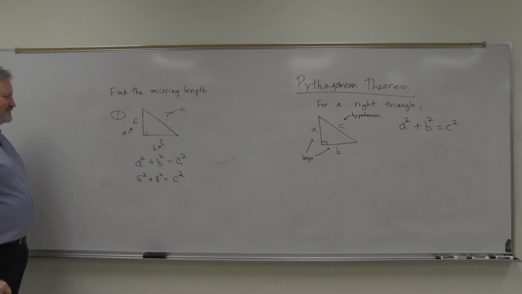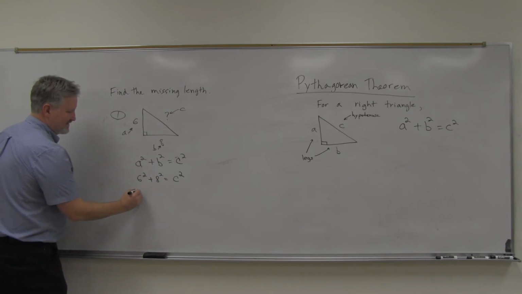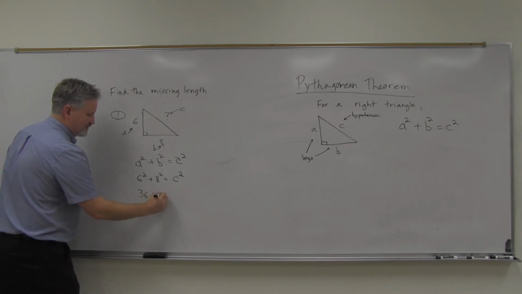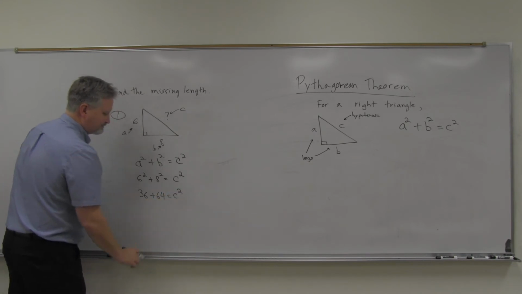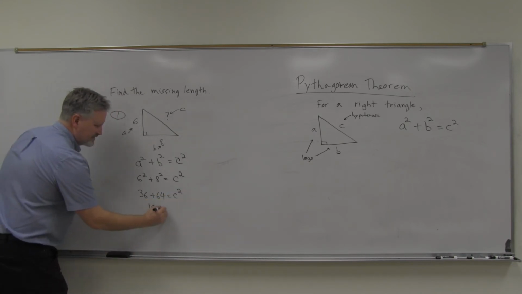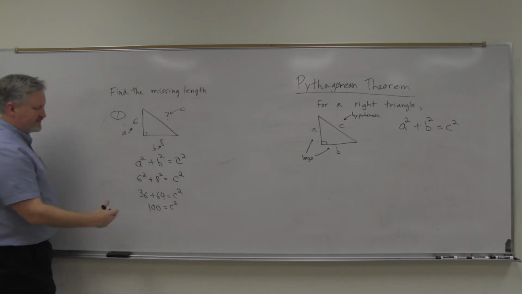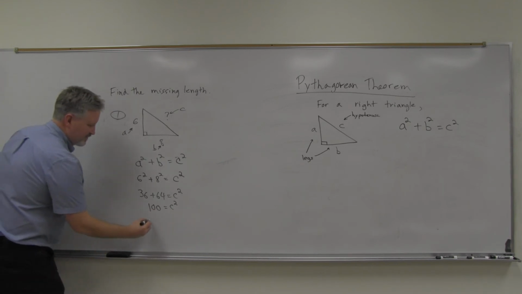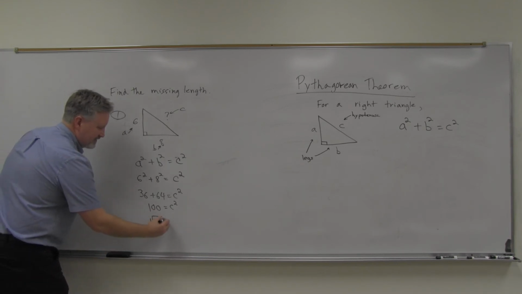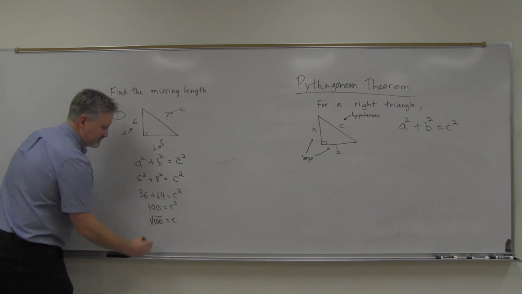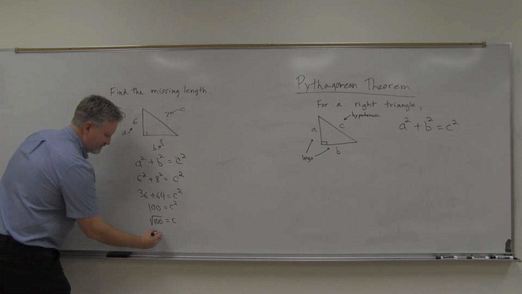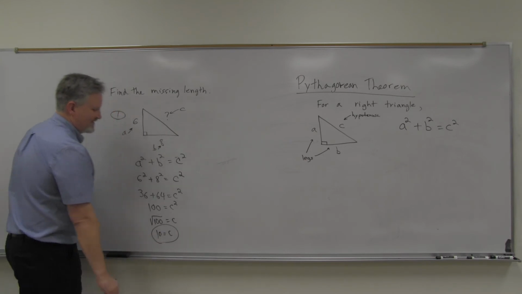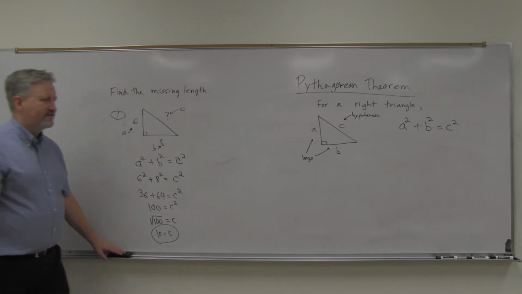So that's 36 plus 64 equals c squared. So c squared is 100. Square root both sides, and c is going to be 10. Gave it away there. They won't all come out to be nice whole numbers.